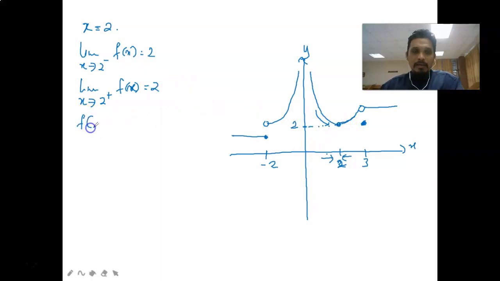And when x approaches 2 from the right, the limit of the function f(x) also approaches y equal to 2, and when x is exactly 2, it also gives us the value of y equal to 2.